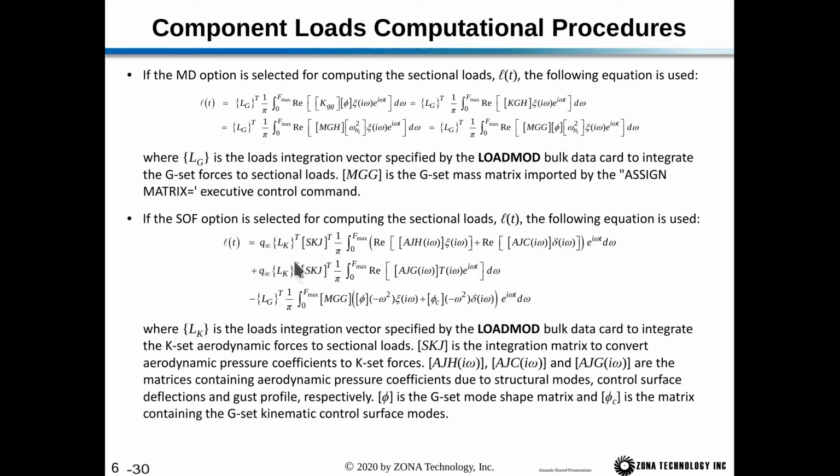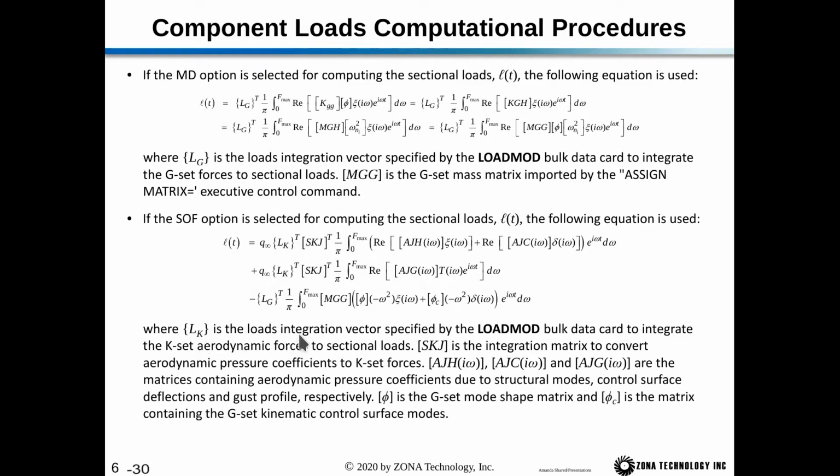So then we use Lk times SKJ, and notice in here, instead of going through the Kgg matrix, we're going from the modes directly to the boxes for the AJH and AJC matrices. And then we're integrating from these boxes. We use the SKJ matrix to convert the Cp to forces, and then the Lk integrates the boxes to a force.